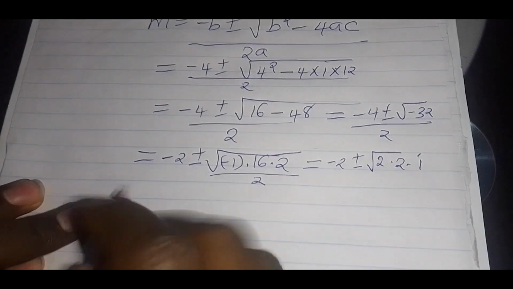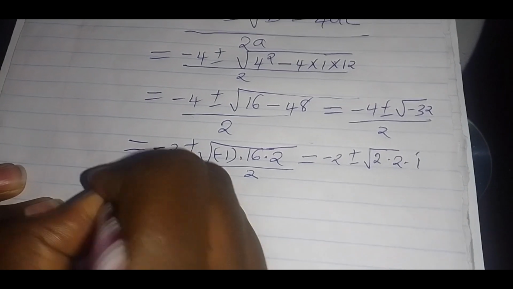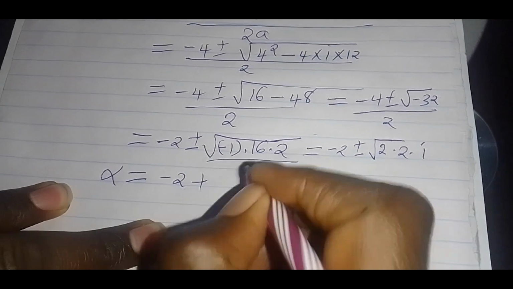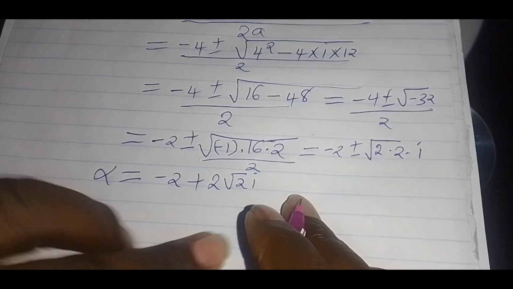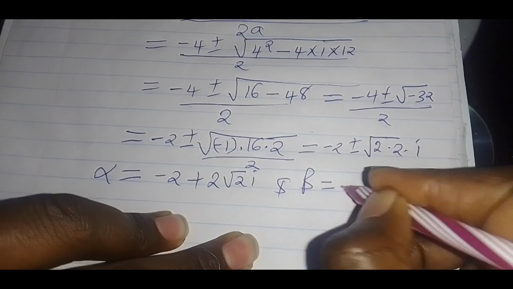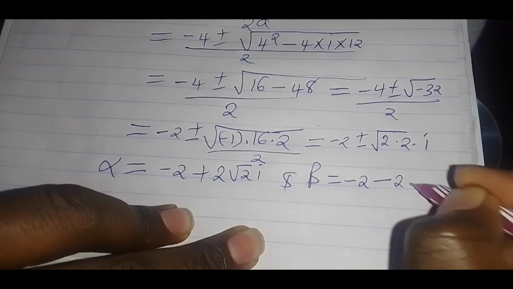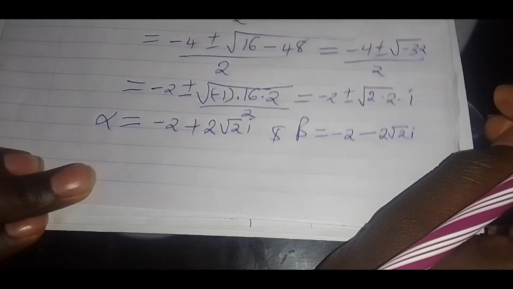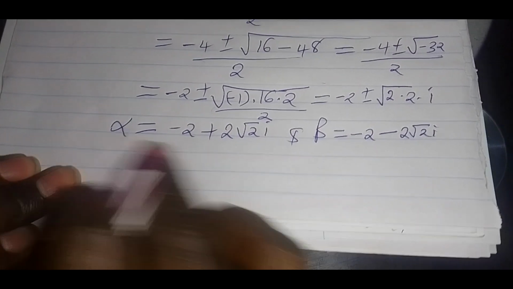Therefore alpha is given as minus 2 plus 2 square root of 2i, and beta is given as minus 2 minus 2 square root of 2i. These are our complex values, alpha and beta.